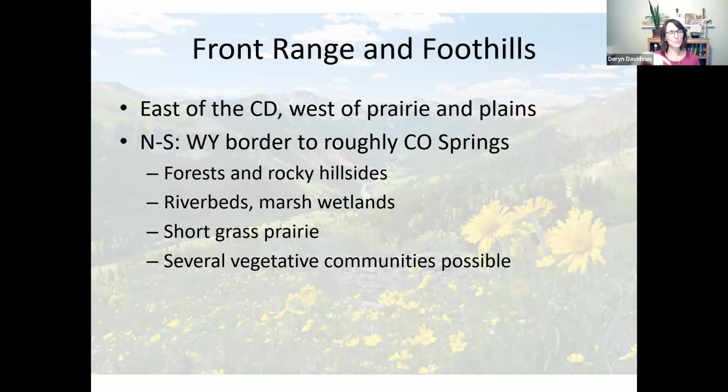Looking north to south, we're generally talking about the Wyoming border to about Colorado Springs. But within that area, we've got all these different habitat types: forests and rocky hillsides, wetlands, shortgrass prairie, like going out into Pawnee Buttes a little bit. And so you have several vegetative communities that are possible. Our mountain species are not going to do so well down in the lowlands and vice versa.